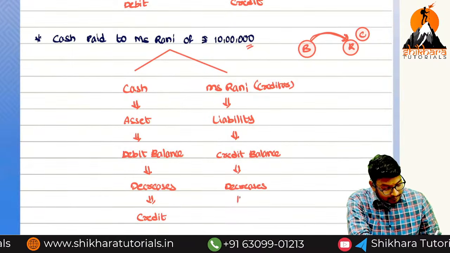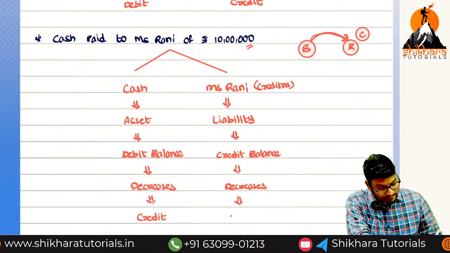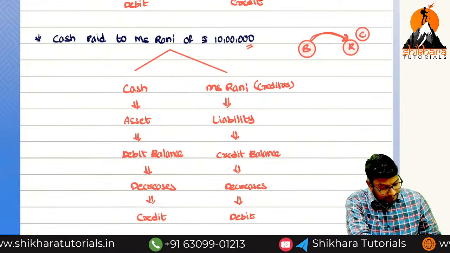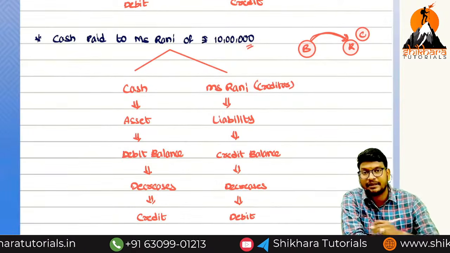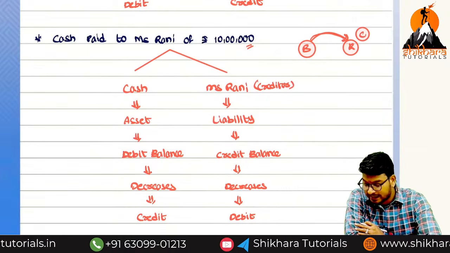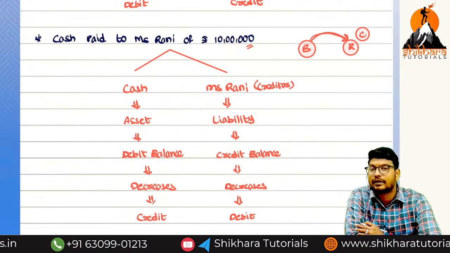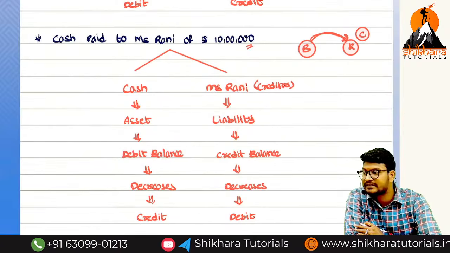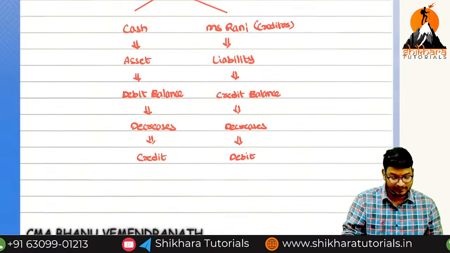If the liability balance decreases, that means the credit balance decreases, so what do we need to do? Debit. So what is the entry? Miss Rani account debited to cash account. So like that we have to identify the outcomes, whether it is a debit or a credit. So all are correct? Okay.